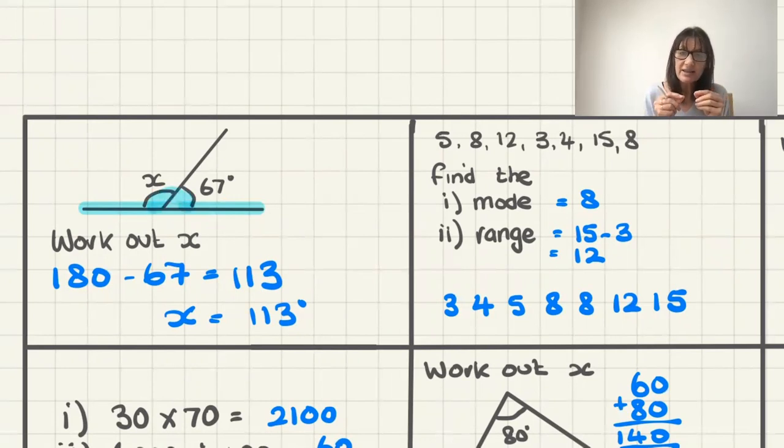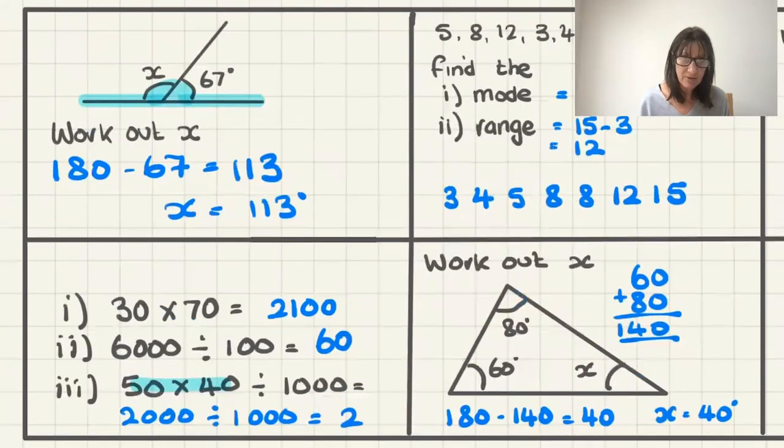When I see that, that needs to trigger 180. I then just take away what I've been given, what I know. I know that angle is 67, which leaves me the X. This angle that's been labeled X is a number I don't know yet. I've now worked it out to be 113.